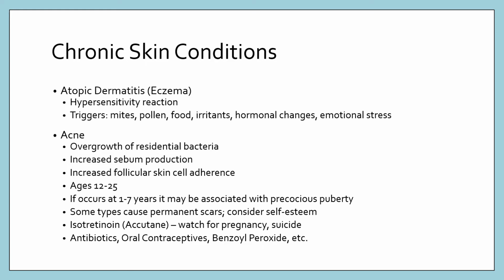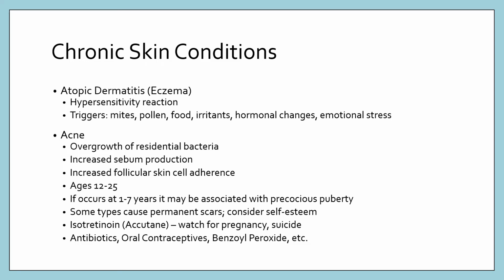Now they're more sweaty and oily, but maybe they haven't adjusted their bathing habits yet to accommodate that. It usually occurs within 1 to 7 years of onset of puberty.